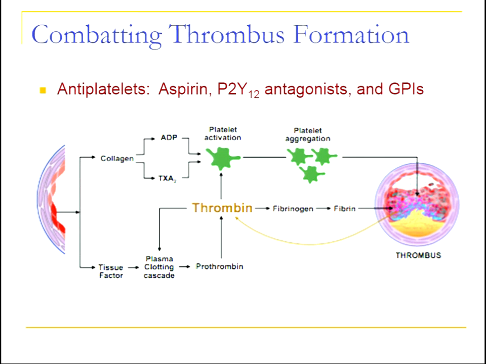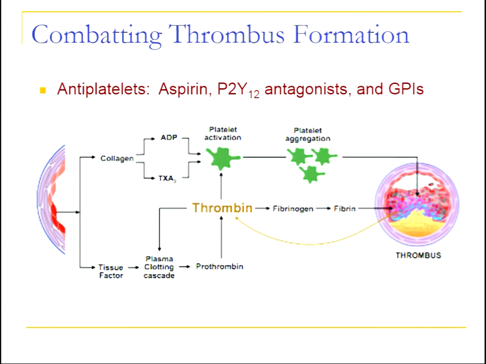In non-STEMI, the clot is very platelet rich. And so we are going to bring out all the antiplatelet tricks that we can. So everybody is going to get aspirin. Everybody will get a P2Y12 receptor antagonist. And some patients, those who are at highest risk, will get a GPI, a glycoprotein inhibitor. We'll talk more about these, but this is the global overview.